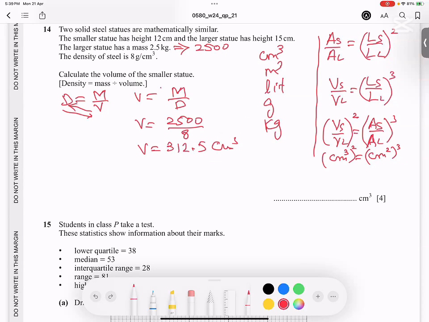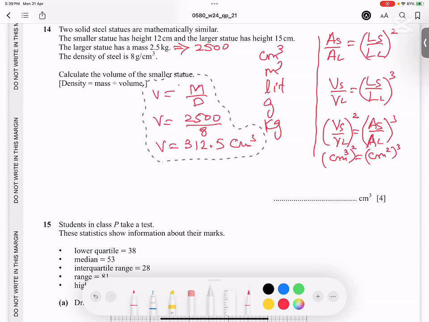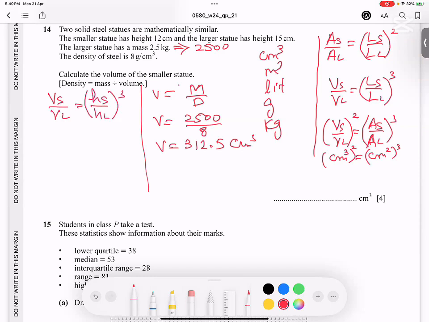And now, what to do afterwards? We use this one formula. So let's try to use this formula. And the formula is very clear. Because I'm looking for the smaller statue. So volume of small by volume of large equals height of small by height of large, and put a cube on the height side.